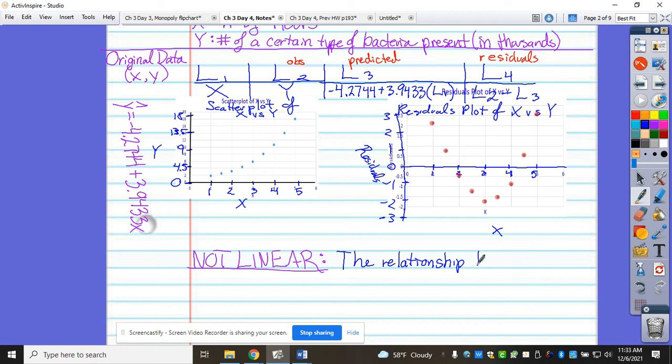The relationship, we were measuring the relationship between what the whole time? So the relationship between X and Y is not linear. All right, so now we've got to talk about Y. It's not linear. So the scatter plot, and I'm just going to tell you the way I usually word this, shows a slight curve.